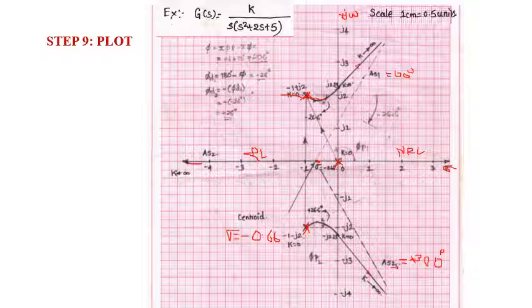Measure in the clockwise direction, sorry, 26 degrees, that is minus 26 degrees, and draw a thin line. Draw a thin line like this, tending towards this side.